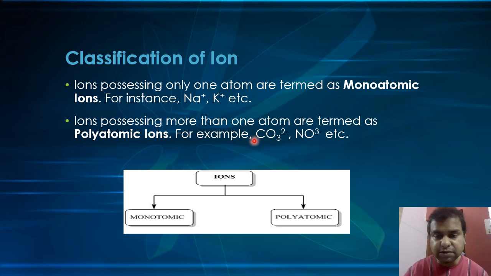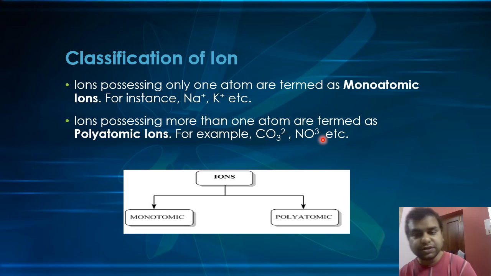What it means to say is, in this case there is only sodium, there is only potassium. In this case there is carbon and there is oxygen, so there are atoms of carbon and atoms of oxygen. Such an ion, since it is a charged particle, CO3 is a charged particle having a 2- charge, and NO3, with the 3 written down like CO3 and the negative charge on top, is also a charged particle.